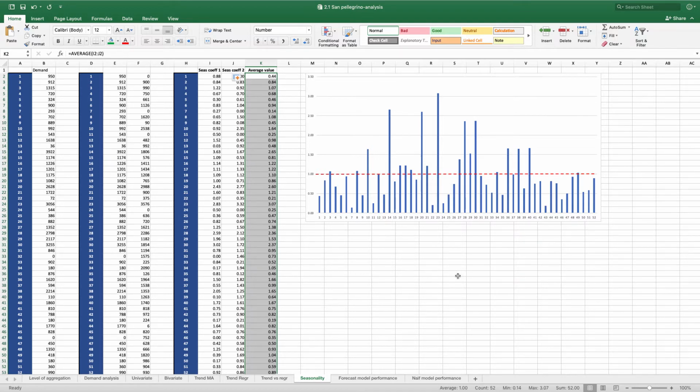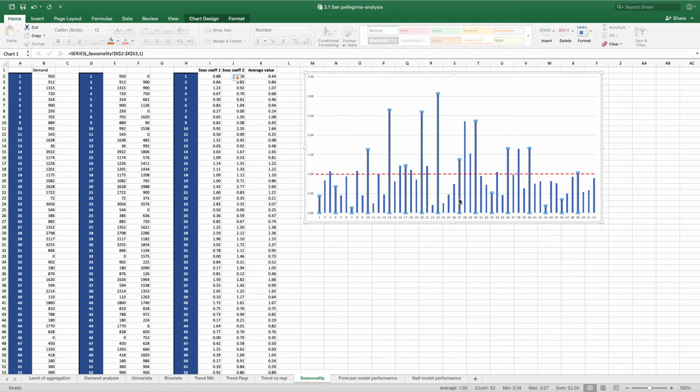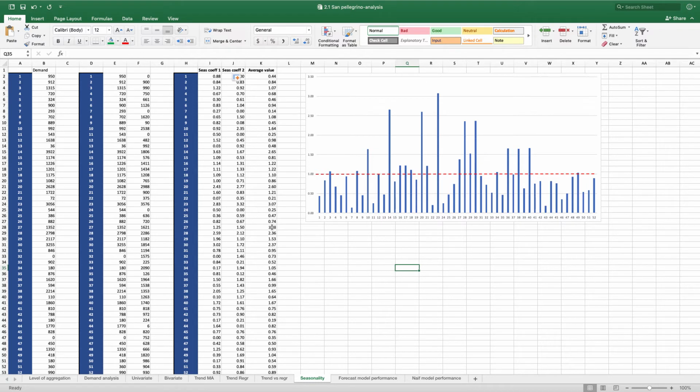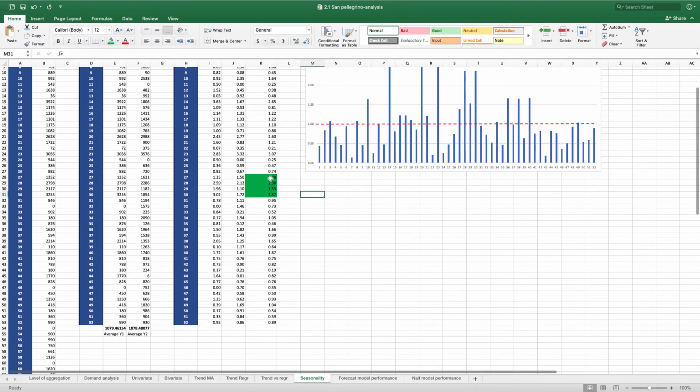But if you want to find something hidden in the data, what you can see is that there are two periods, from week 27 to week 30, and from week 41 to the end, where the demand is first systematically higher than the average. So from week 27 to week 30, you have an over seasonality, so demand is systematically higher than the average.